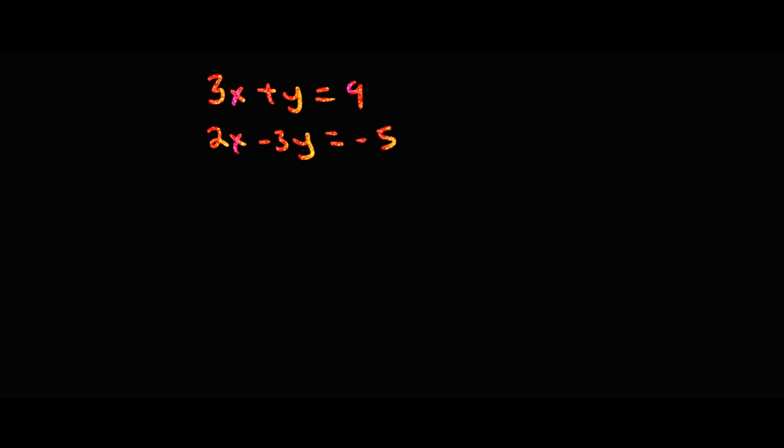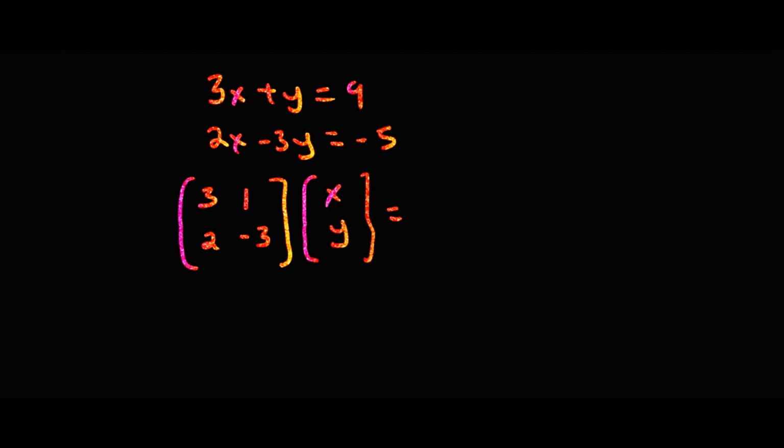So as we did it the first time, we just write these in matrix form, where the first one is the coefficients of these variables on the left. So we have 3, 1, 2, negative 3. And then the next matrix is that of the variables or the unknowns, that is x and y. And then on the right we have 9, negative 5.